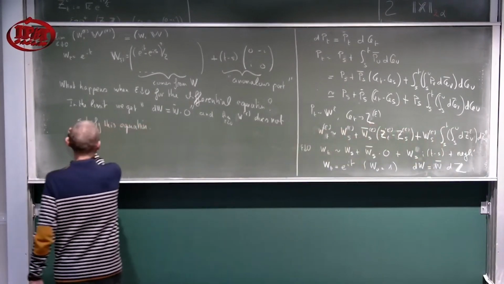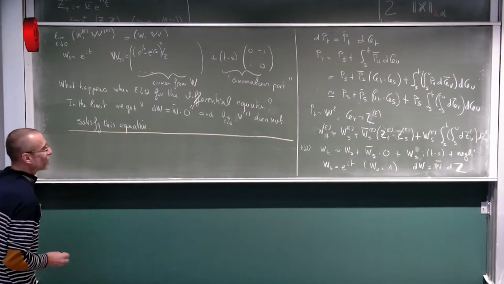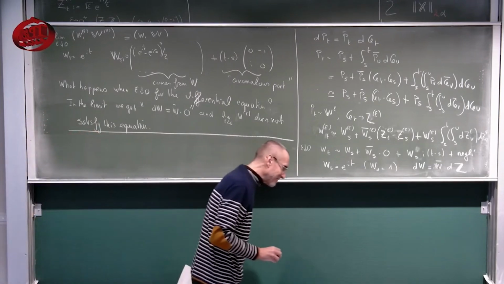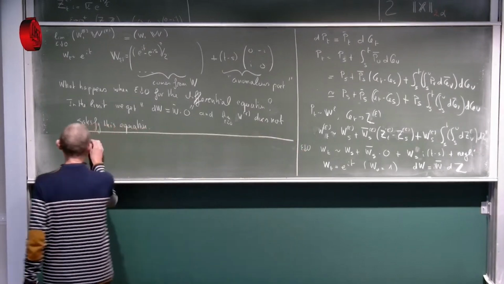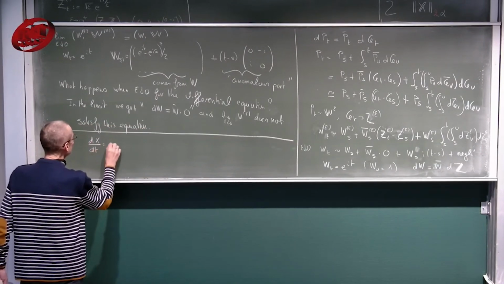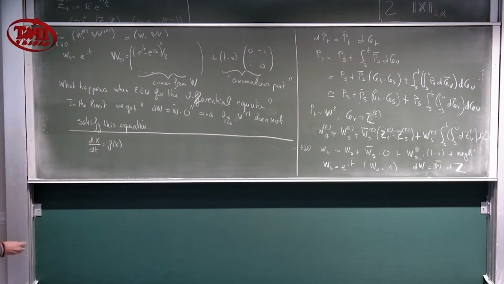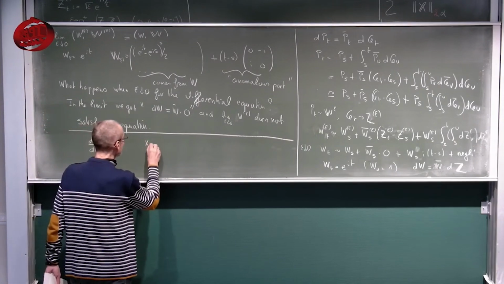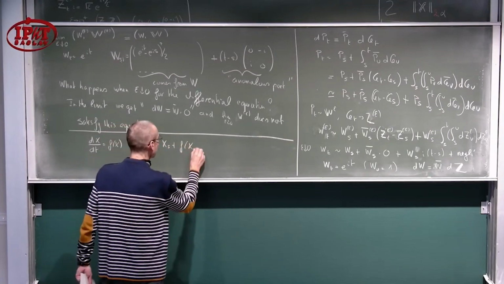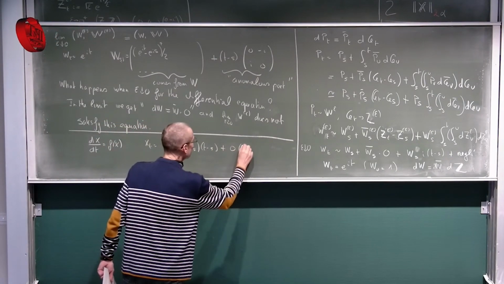I guess I already said it, but let's say it once more. I don't know if it's just because we are used to it, but when we see a differential equation like dx over dt is equal to f of x, and we say that x is a solution, it is nothing but to say that xt is equal to xs plus f of, let's say, xs times t minus s plus a little o of t minus s.